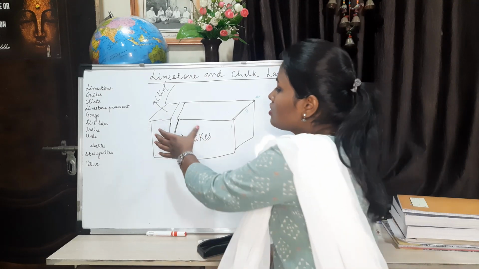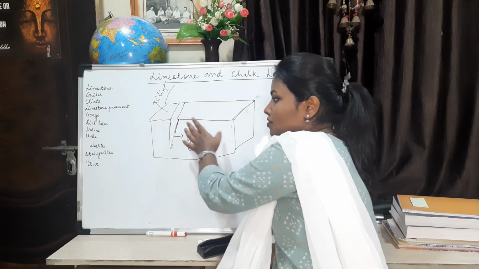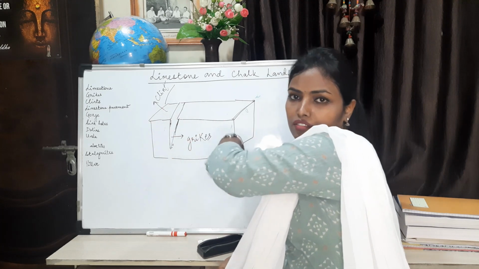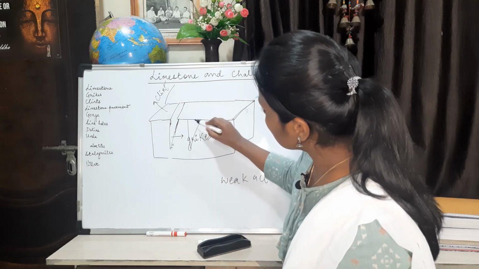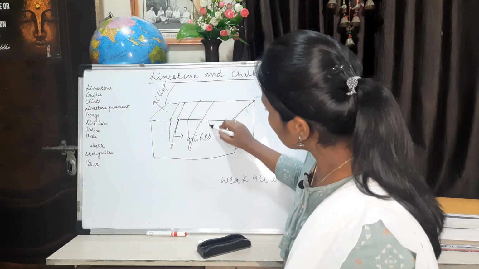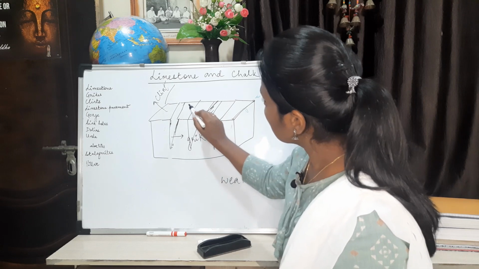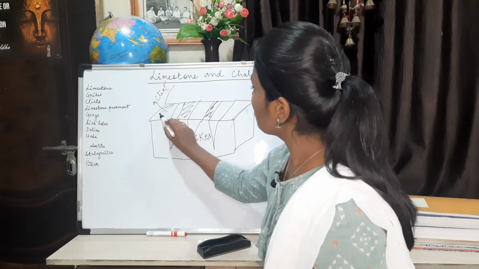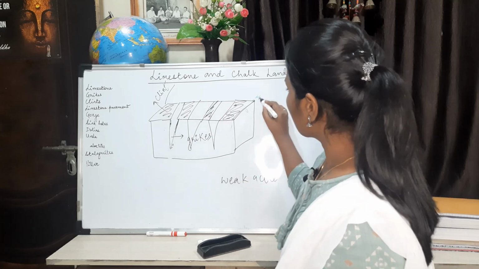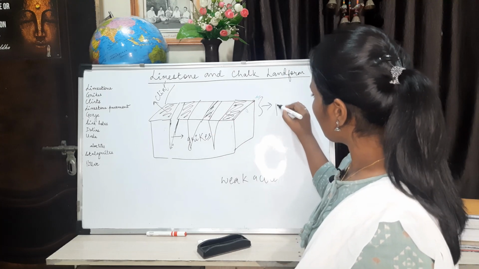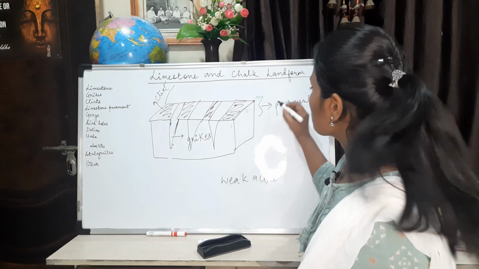Similarly, these clints and grikes are formed over a wider range of area. So suppose I'll draw this in this way. This tabular part, this tabular part, this tabular part, all together will form a pavement, which is called limestone pavement.